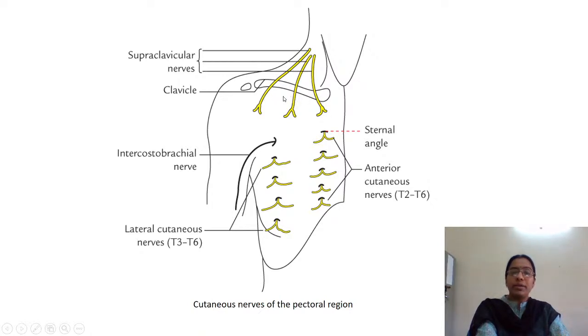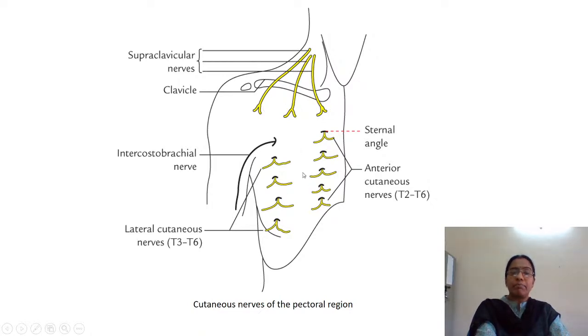These three supraclavicular nerves supply the cutaneous nerve supply up to the second costal cartilage, meaning up to the second rib.